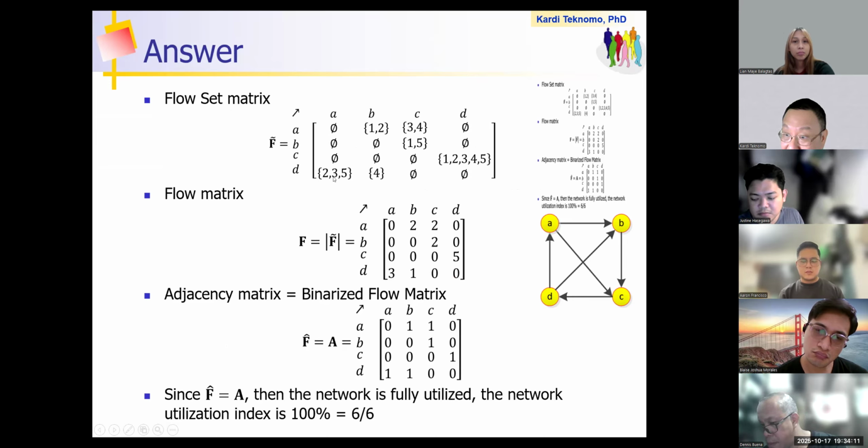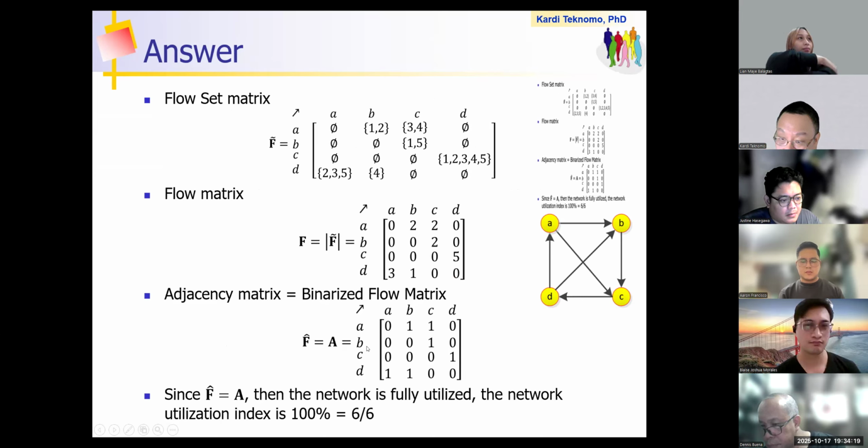For example, this one is 3 elements, so here the flow is 3, and so on. From there, you can also binarize it. The binary is supposed to be the same as the adjacency matrix. If they are the same, then it is fully utilized, so 100%. If not the same, then underutilized, and you can calculate the utilization index. Is that clear?